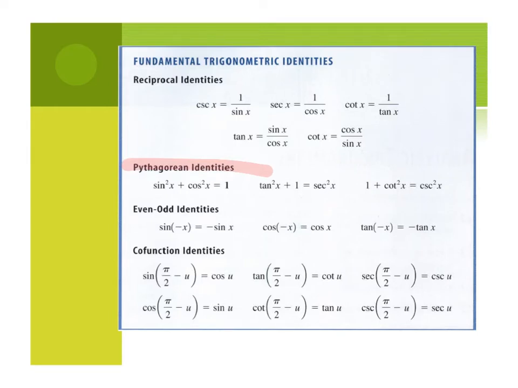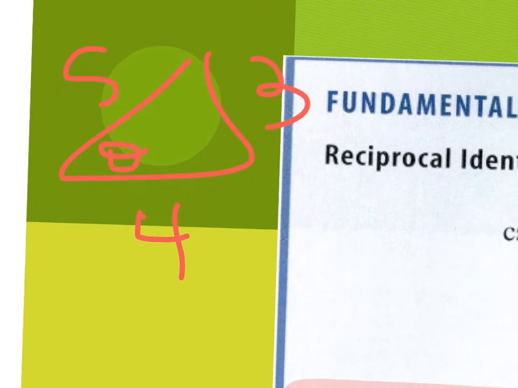And then what we haven't talked about yet this year, but I know is covered in Algebra 2, is the Pythagorean identities. So the first and most basic one is that sine squared plus cosine squared equals 1. If I took a right triangle, let's just say my 3, 4, 5 triangle, and I put theta in the corner, the sine of theta would be 3/5, and the cosine of theta would be 4/5.